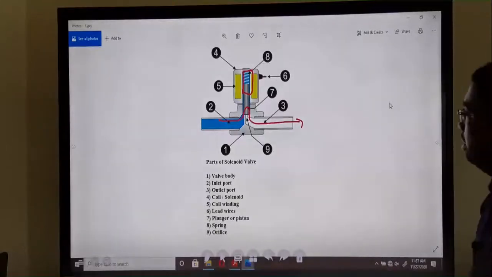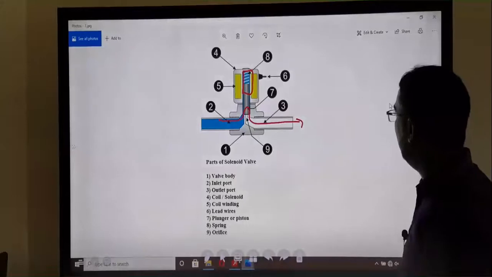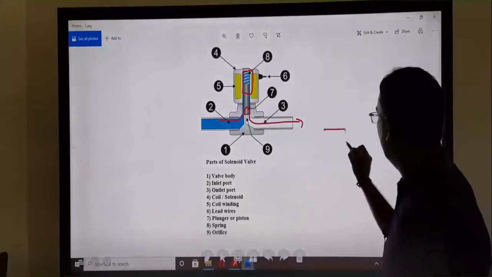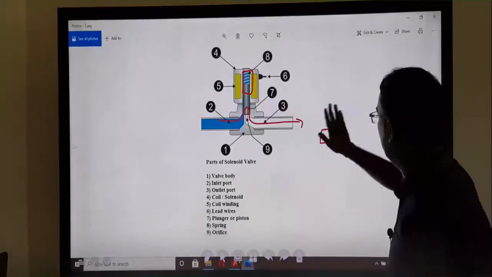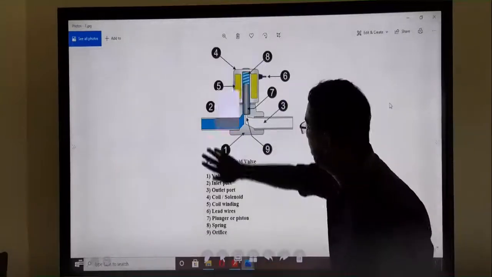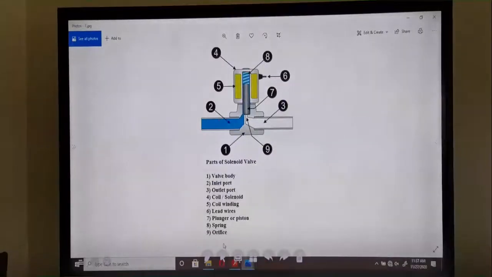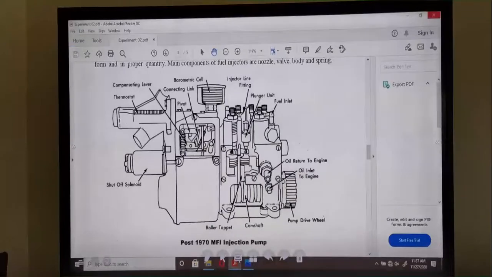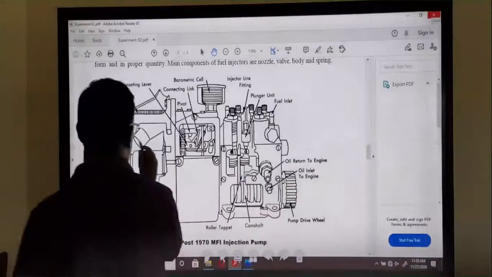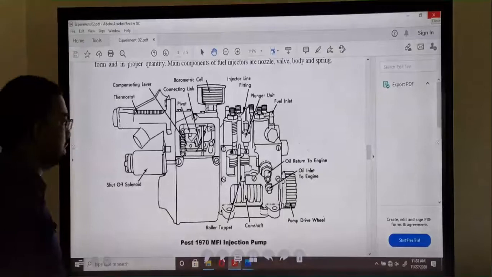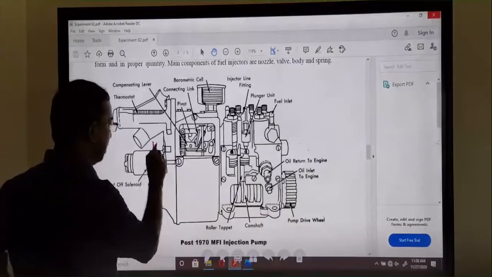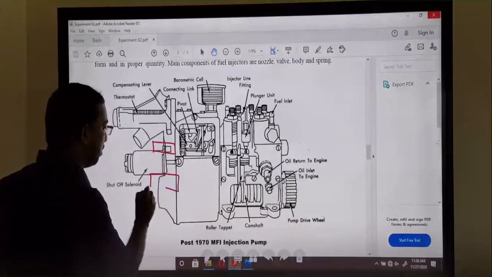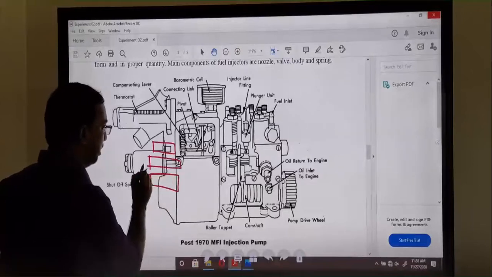This type of technology we can use in any area. For example, I will show in the picture how a solenoid valve works. Here is the shut-off solenoid. Just think, there is a wire coil winding. Here there is a plunger.